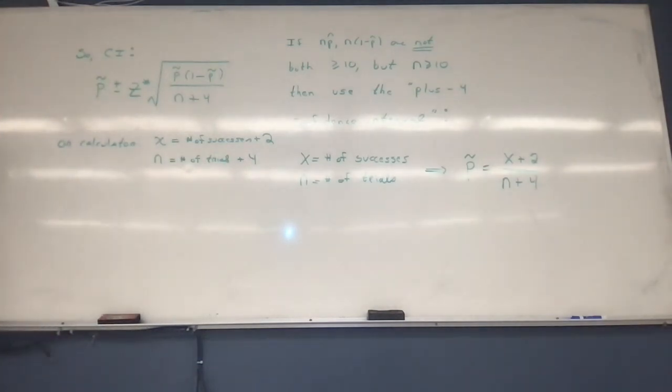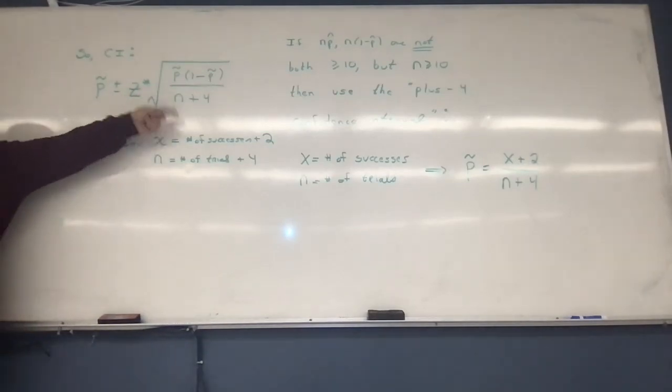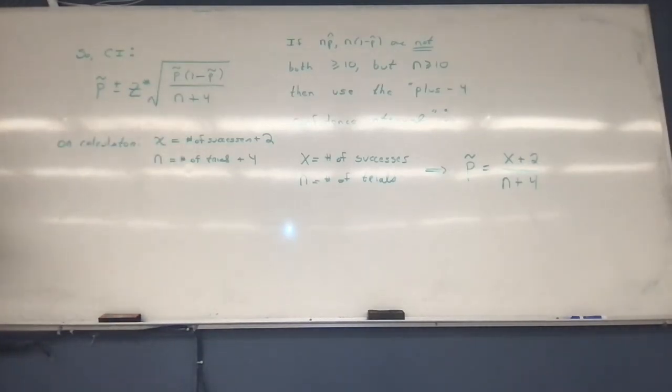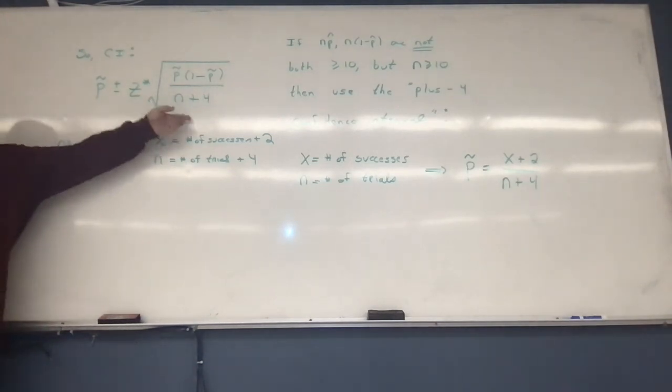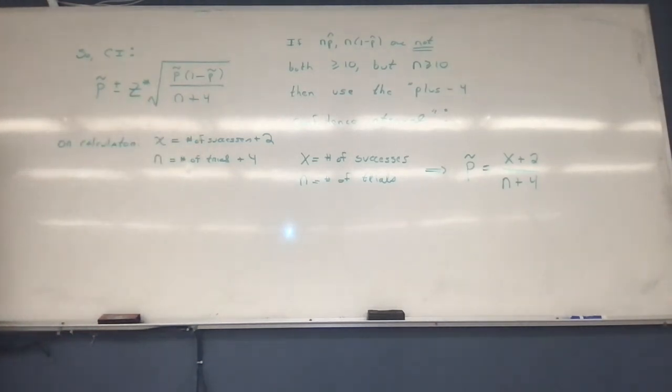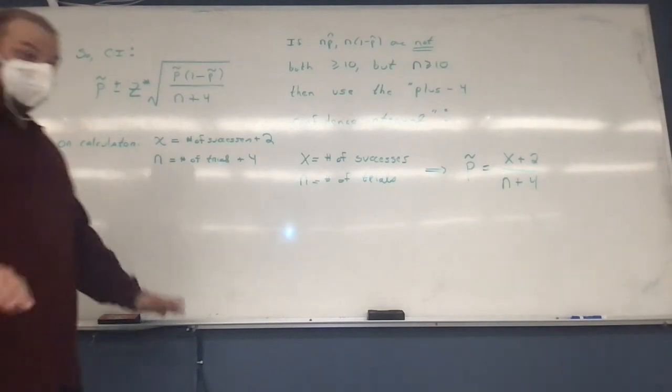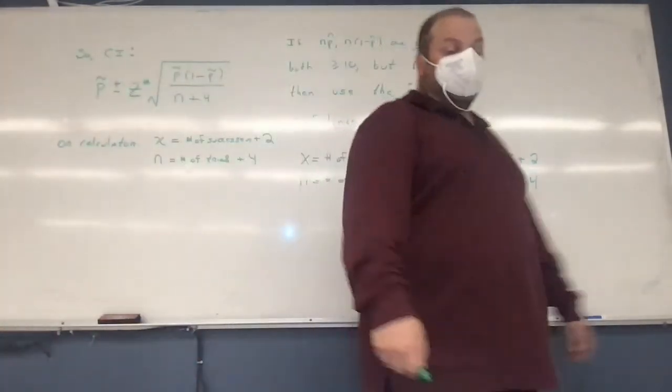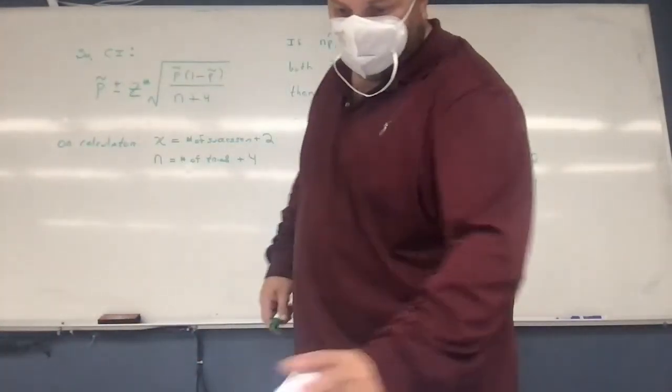In other words, when it asks for x and n, don't use the actual x and n, use the modified x and n, number of successes plus 2, number of trials plus 4. Then your calculator will do all the work for you and give you the correct confidence interval. If you want to do it by hand, just make these modifications. Otherwise, it's exactly the same. This is a +4 confidence interval.